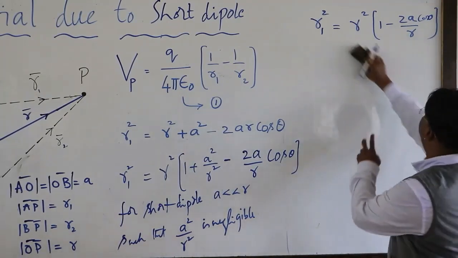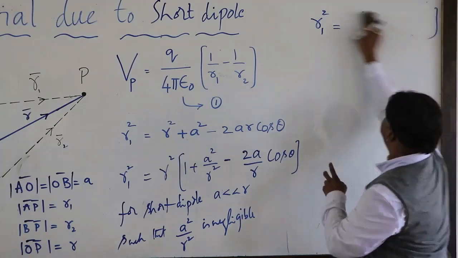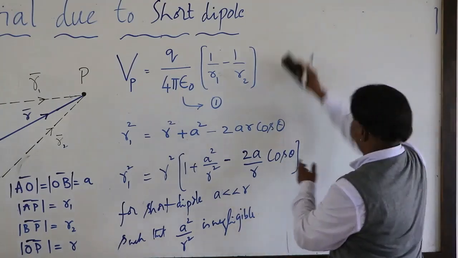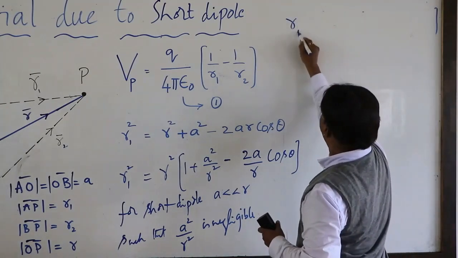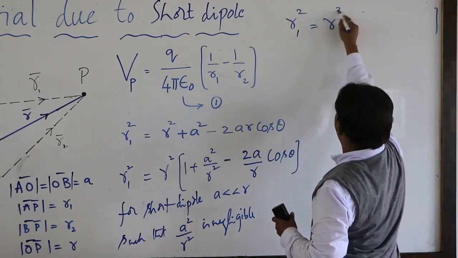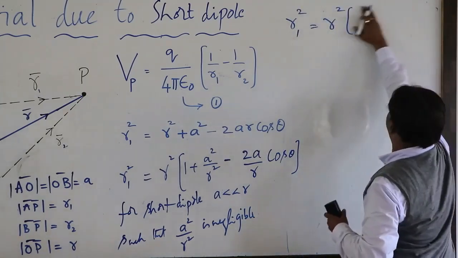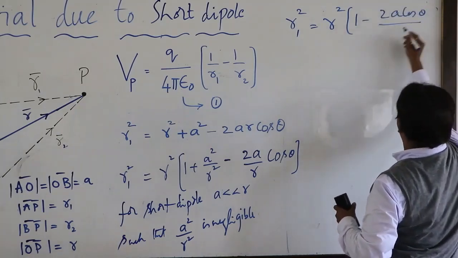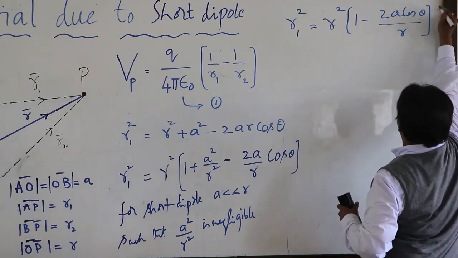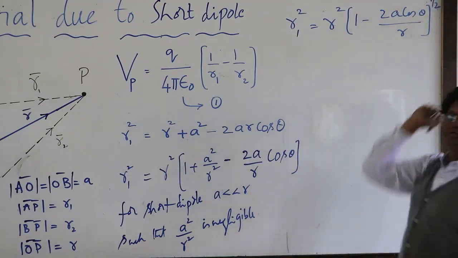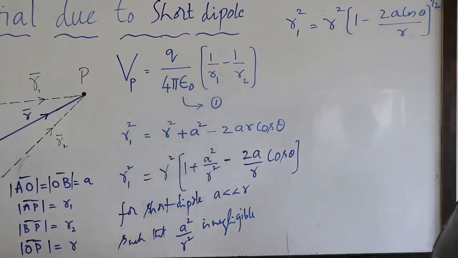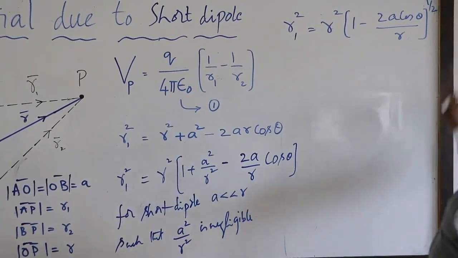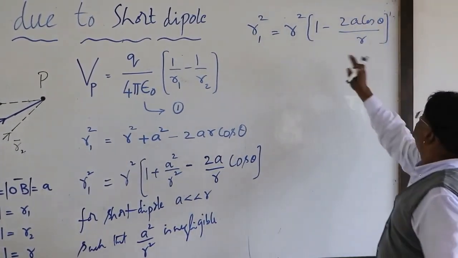So R1 square is equal to R square times 1 minus 2a cos theta by R. This is power half, which means square root. No, this is only 2aR.